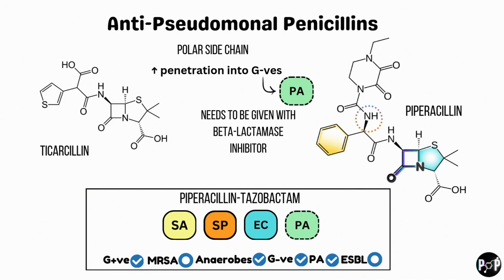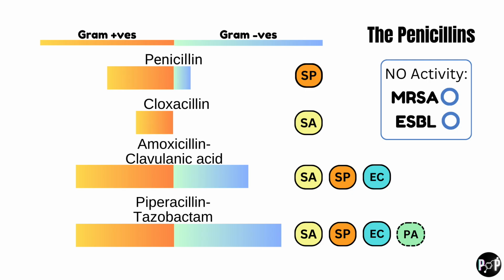The spectrum of pip-taz is similar to amoxicillin, with the key difference being the additional anti-pseudomonal activity. I would classify pip-taz as being very broad spectrum, which is also known as a big gun antibiotic, but the main indication for pip-taz is being the first-line antibiotic for Pseudomonas.